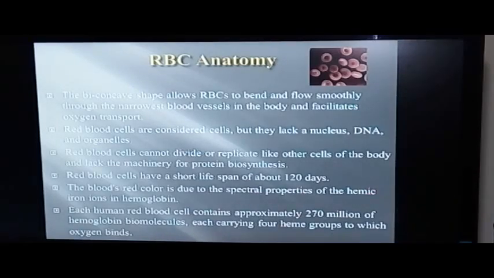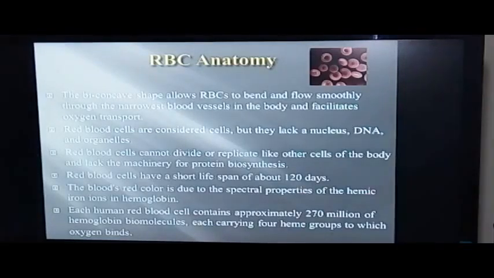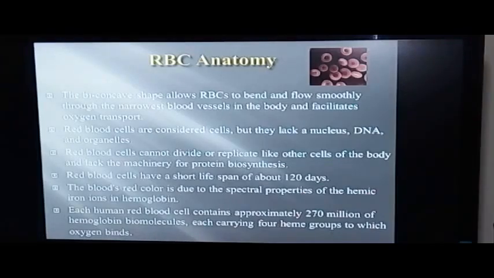Now, red blood cells are different from other cells in the body in that they cannot make new blood cells themselves. Whereas most cells in the body can actually make new ones of themselves, like your skin can, your kidney cells can, most other cells can.